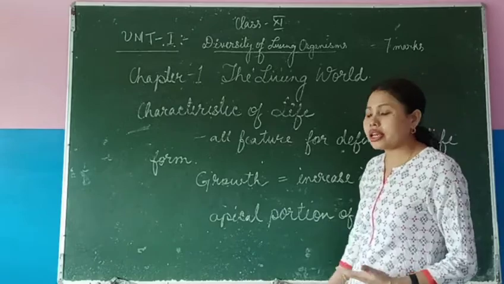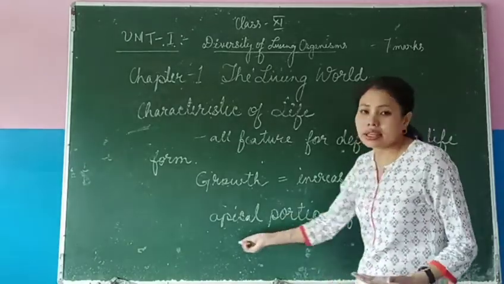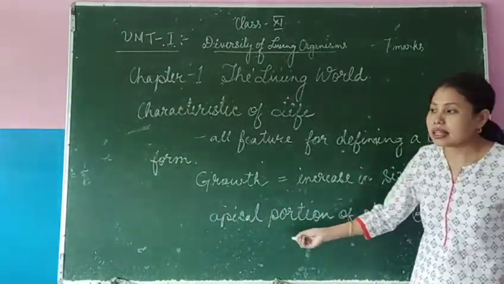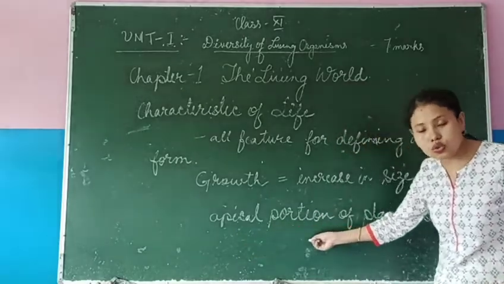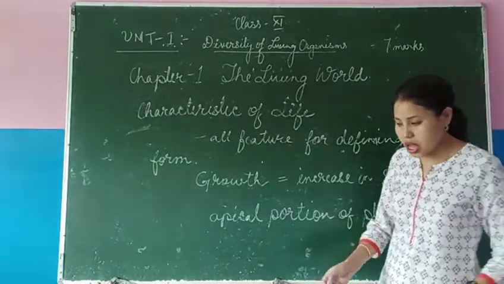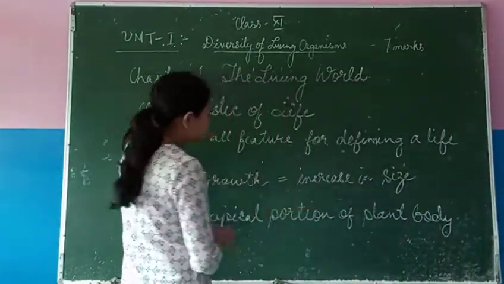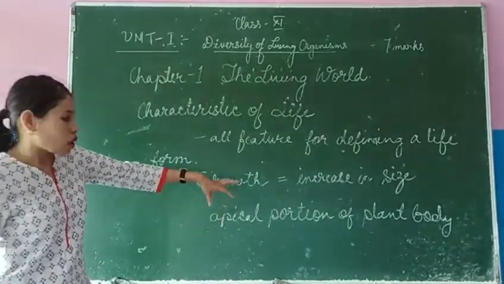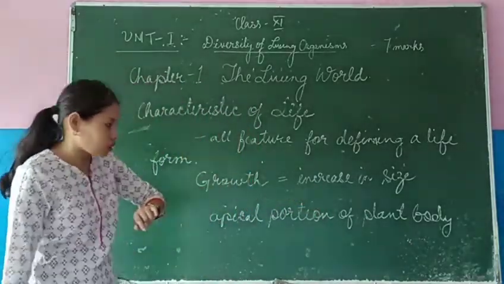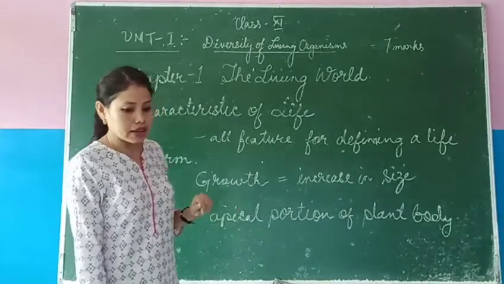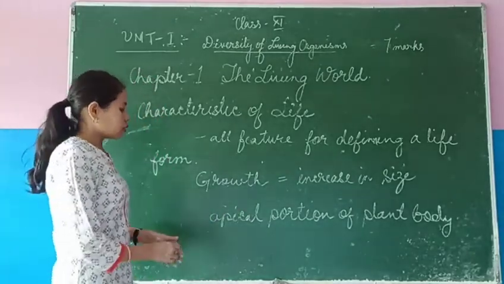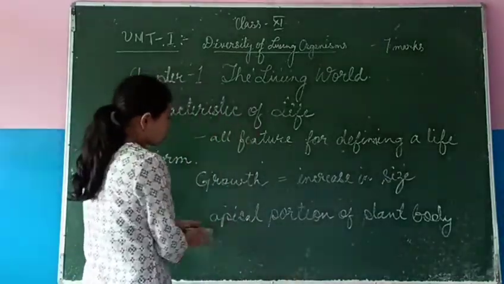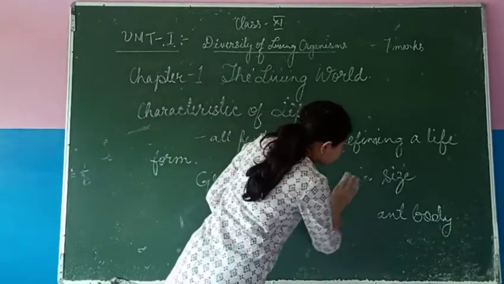The growth in the apical portion of the plant is continuous and present throughout their life. So this is the basic difference between growth in plants and in animals.